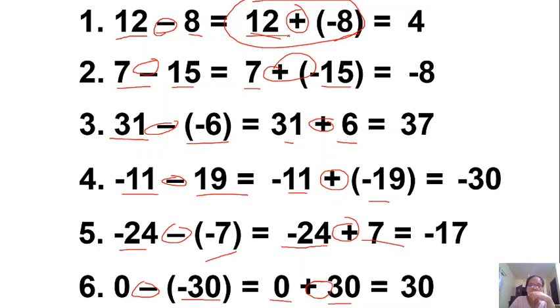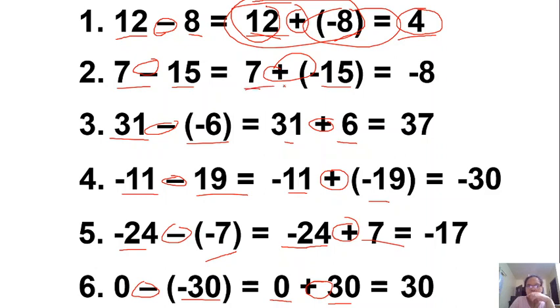So imagine subtracting 8 from 12. It will give us 4 as an answer. And copy the sign of the number with the greater absolute value. So what's the absolute value of 12? That's 12. What's the absolute value of negative 8? That's 8. So which one has a greater absolute value? It's 12. And what's the sign of 12? Positive. That's why the sum in here is positive 4.